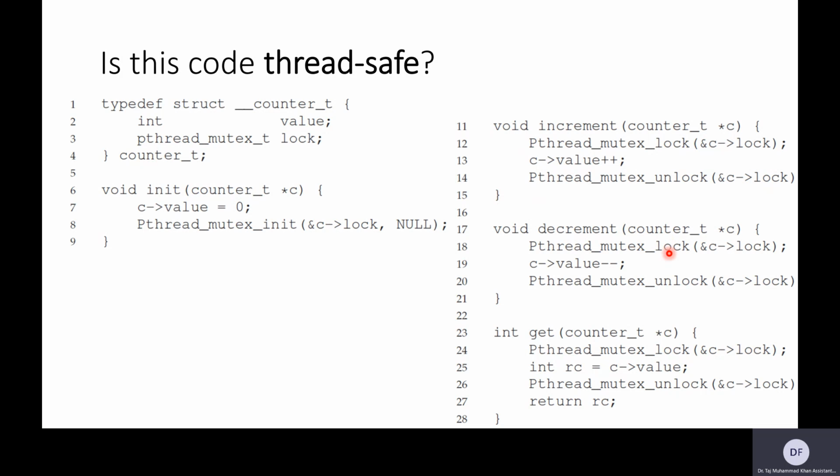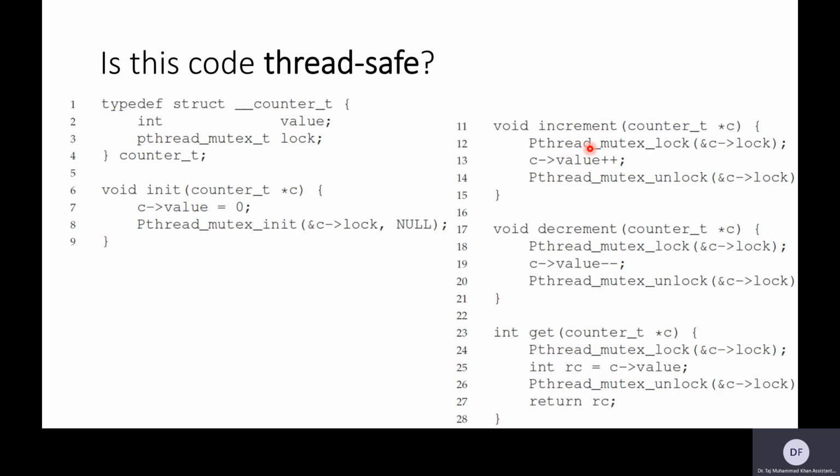So by using locks, we are making sure that only one thread is entering the critical section and only one thread is accessing this global value at any given instance. Since the value is being updated by only one thread at a time, there is no chance of one thread overwriting the value of another thread.